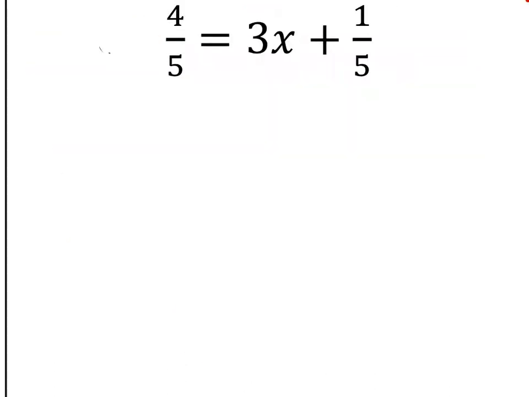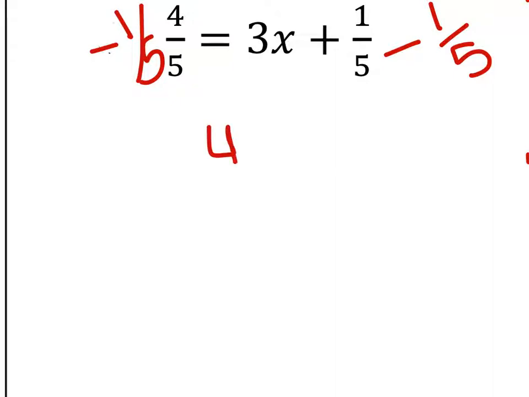So you want to subtract what? This 1/5 from this side and from this side. So you'd get 4. Bleh, that's not it. Sorry. Nope. How do you erase? Oh, I see the eraser. Okay. Nice.